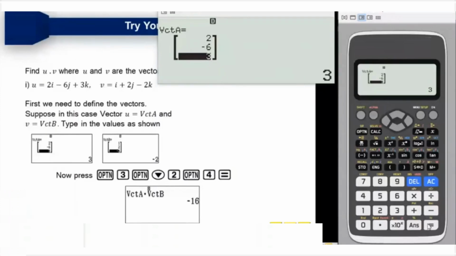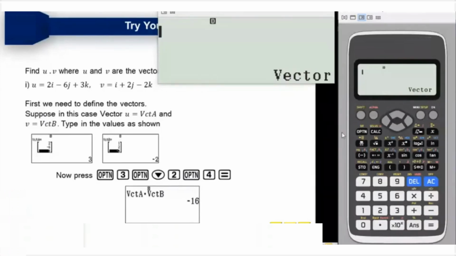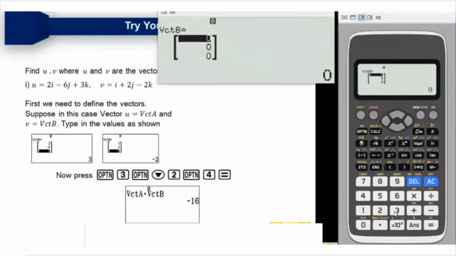Then vector B is option 4, vector B. You need to define vector B. So you press option 1, press 2, and vector B is also a 3-dimensional vector. i plus 2j minus 2k is 1 equals, 2 equals, minus 2 equals.